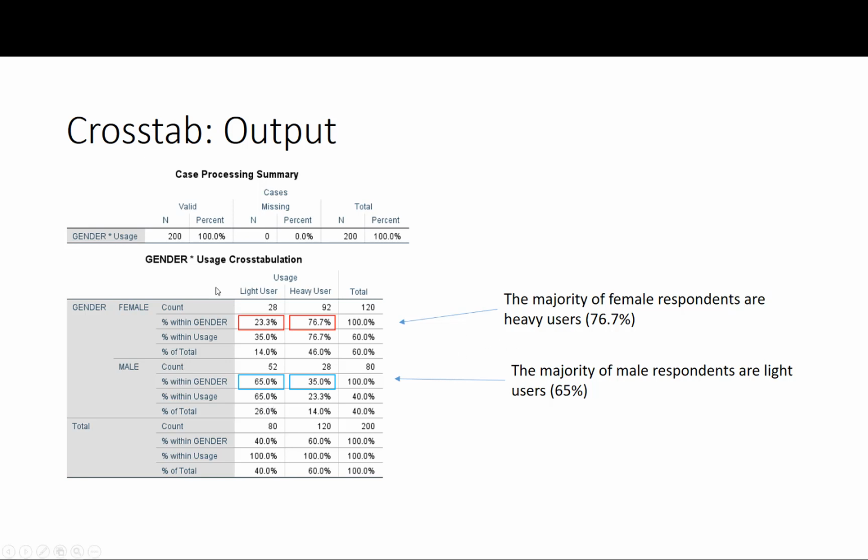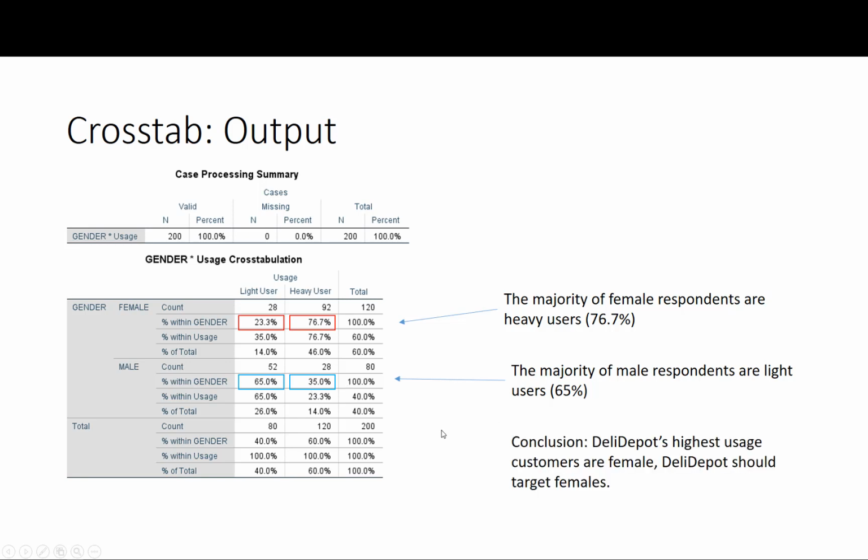If I look at within gender, of females, 23% are light users while 76% are heavy users. So the majority of female respondents are heavy users. Looking at males within gender, 65% are light users while only 35% are heavy users.